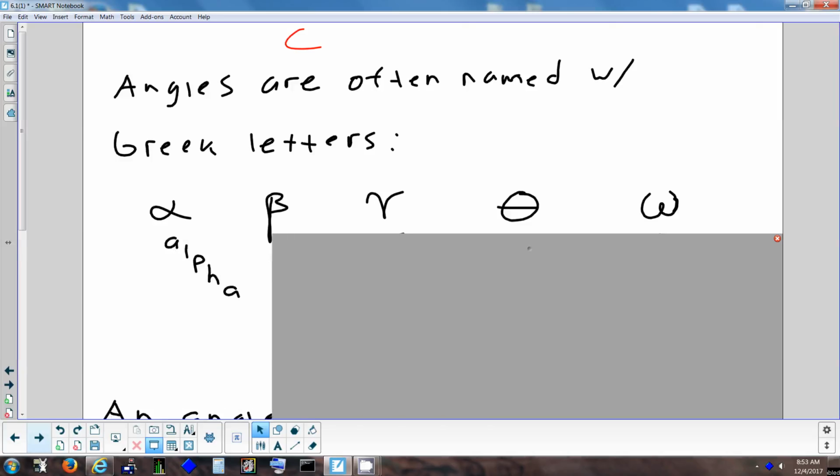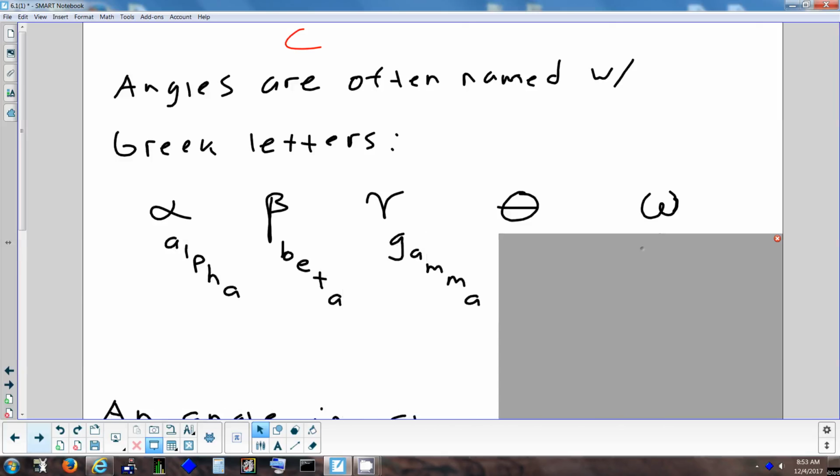And then the second letter there kind of looks like a B. That's beta. And that one that kind of looks like a Y, but it's not quite, that's gamma. And when we're talking about solving triangles, those are the three that we use quite a bit. Alpha, beta, and gamma.